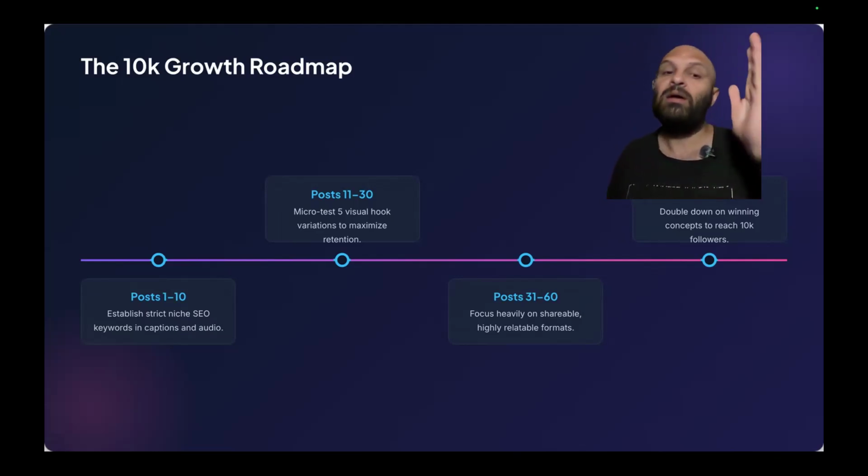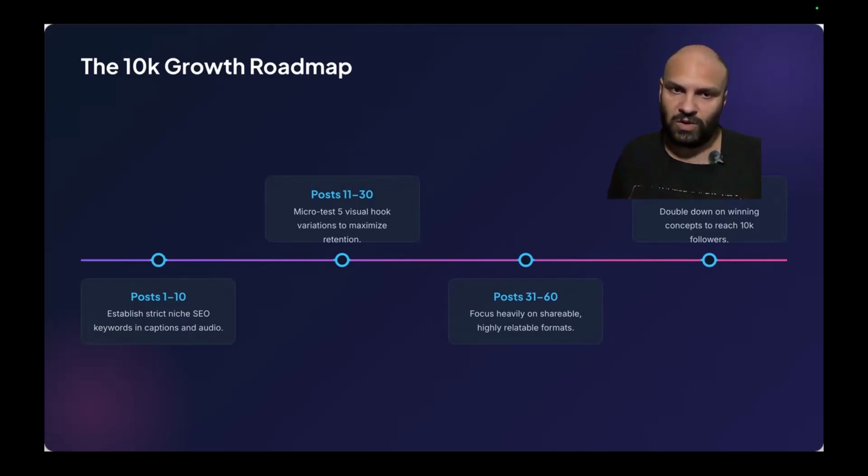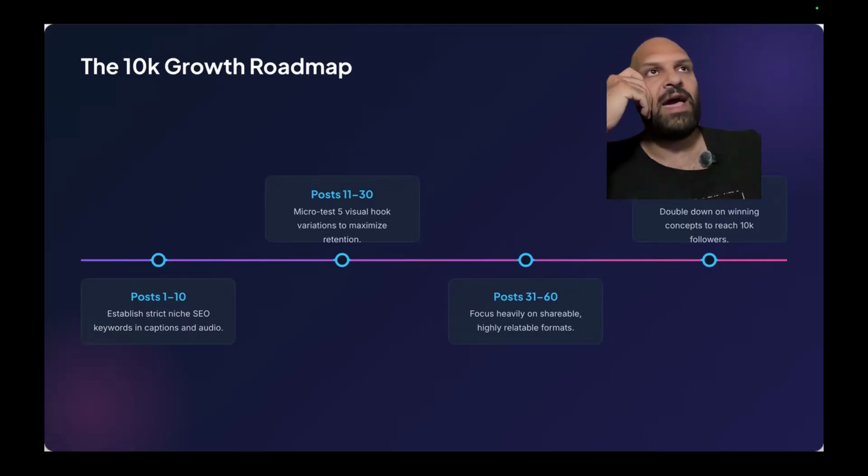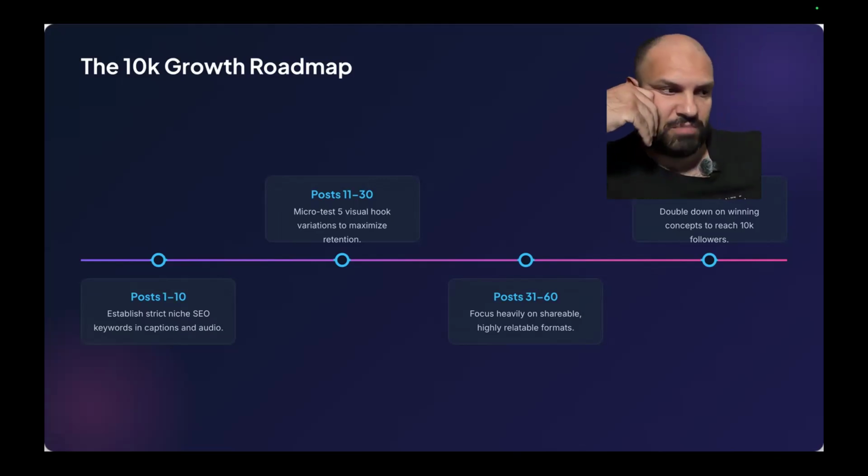Now, post 11 to 30, you need to try different hooks, visual hooks. I mentioned this earlier that I have a Friends fan page because I love the US sitcom, Friends.